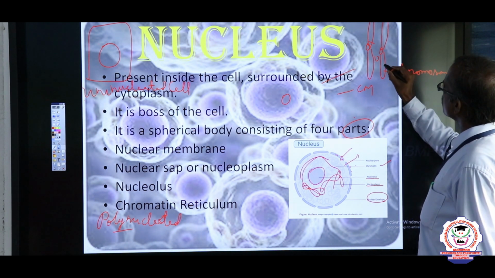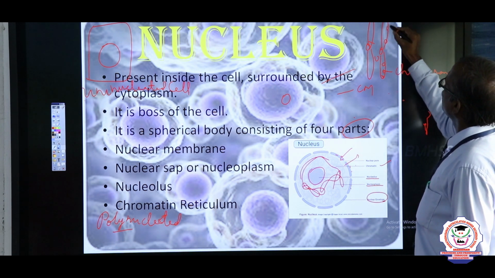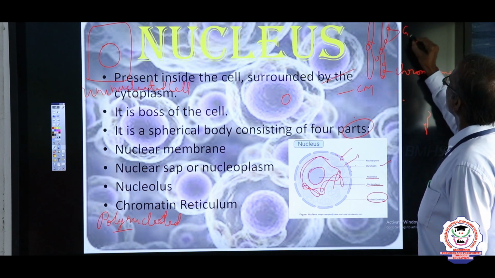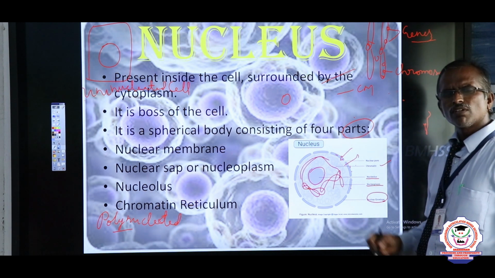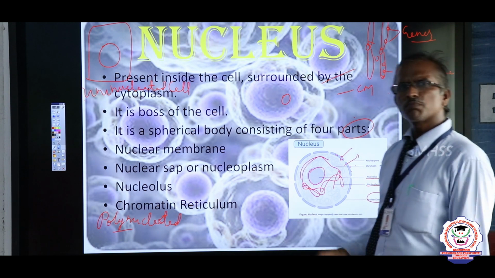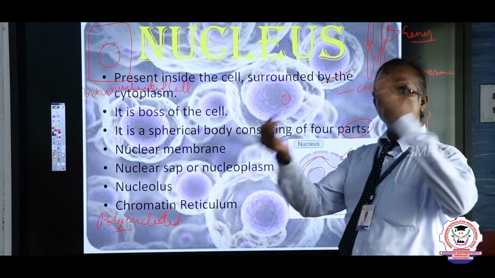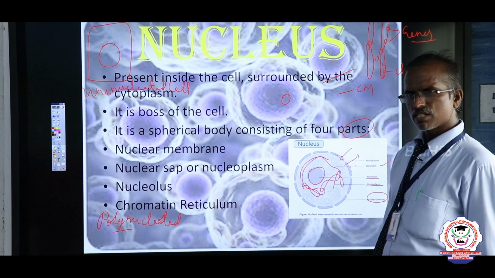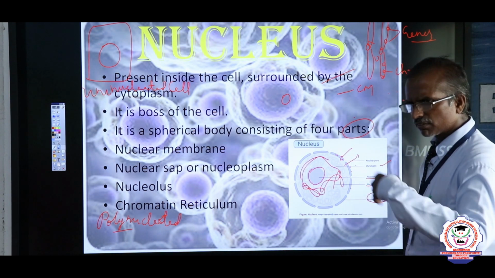These chromosomes carry minute bead-like structures known as genes. These genes play a very important role in transmitting the hereditary character from one generation to another, that is, from parents to offspring.